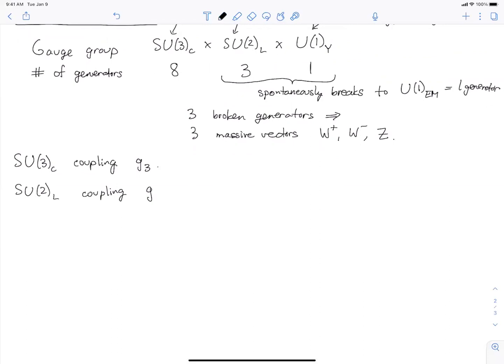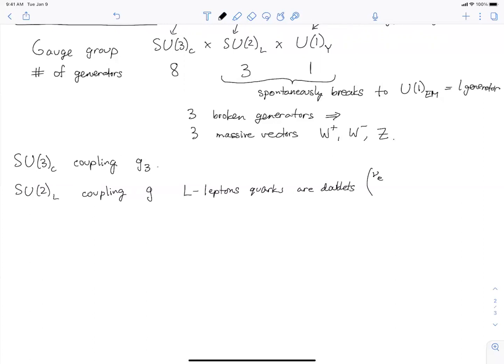Remember, the left-handed leptons and quarks are doublets under this symmetry, so they can be arranged in doublet form like this.